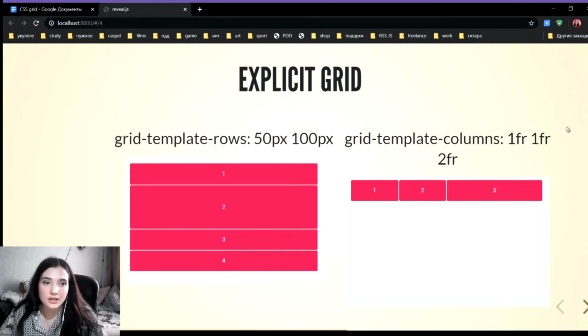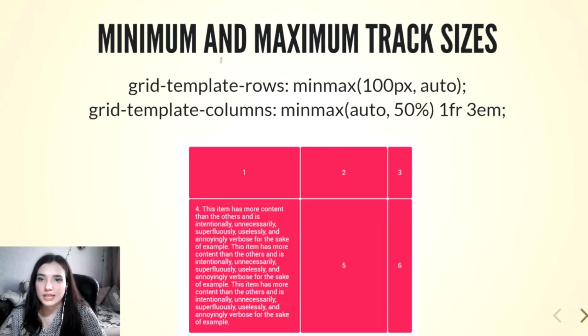And in the second example, we set the property grid-template-columns. Here we can see examples of setting minimum and maximum track size. In the first example, the first row track is set to have a minimum height of 100 pixels, but its maximum size of auto will allow the row track to grow if the content is taller than 100 pixels.